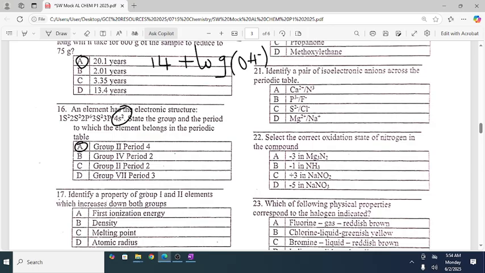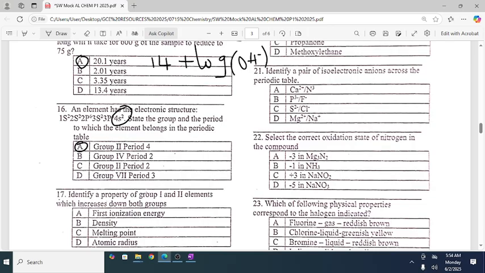Now let us go to the word isoelectronic. I just think these are ions that have the same number of electrons in their valence shell. So let's go to phosphorus 3 minus. Phosphorus has how many electrons? It has to be 15.